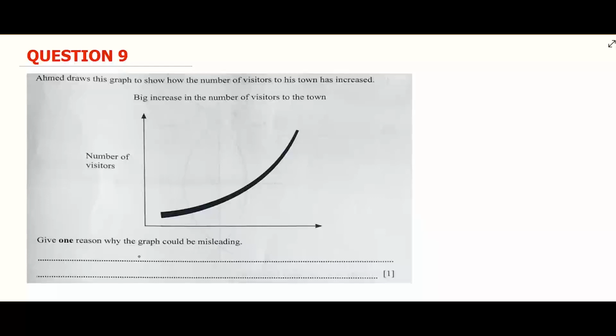So the graph could be misleading due to the following. You can say the graph isn't labeled properly, so that can be your answer. Another thing you could say is that the scale is not shown.